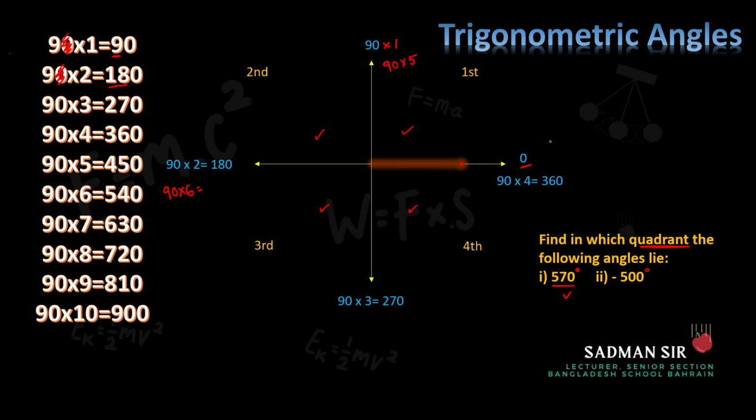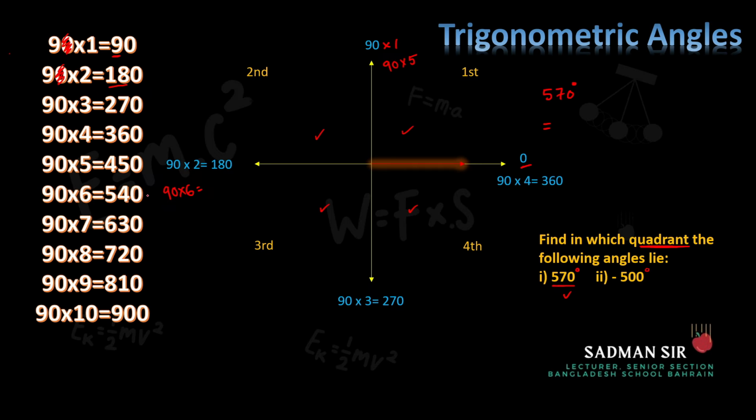Okay, let us see. This 570 degree angle is a positive angle, so we need to rotate in the anti-clockwise direction. But how much we need to rotate, we will see that now. We will try to find that out. So for 570, you have to find out which two multiples of 90 it is between.